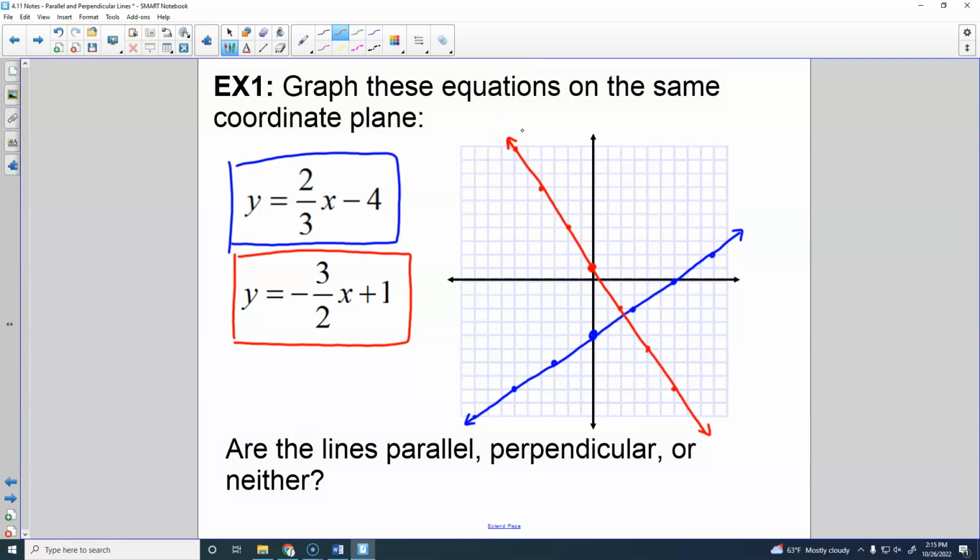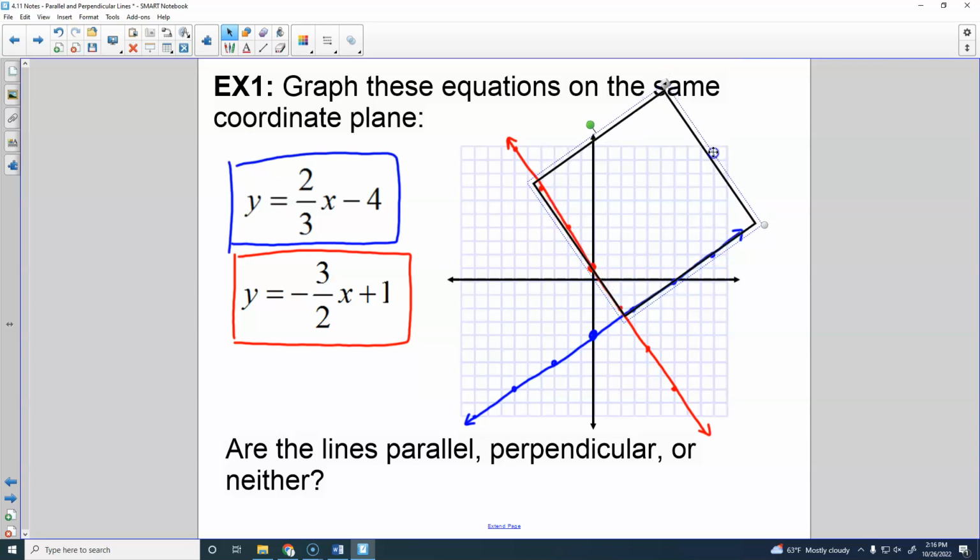All right. So when we look at those, are they parallel? Definitely not parallel. Are they perpendicular? I think so. And you can kind of check. Right now we're going to learn a way to know for 100% sure. But right now you can sort of just check by seeing if you take the corner of a paper and put it right there where the 2 lines meet.